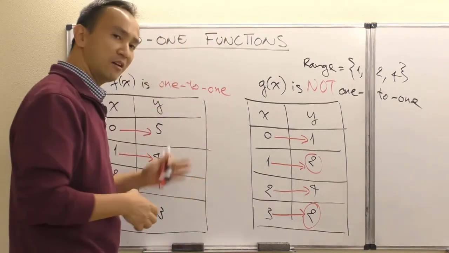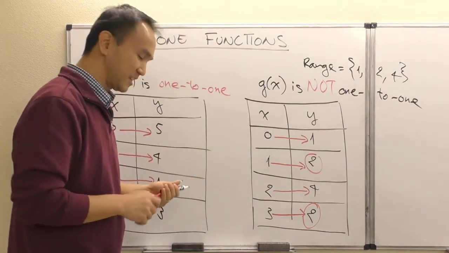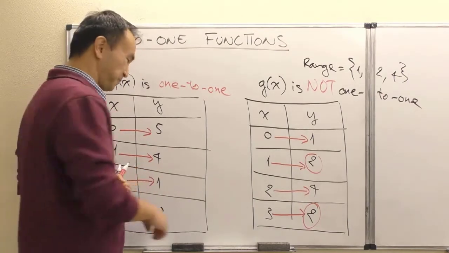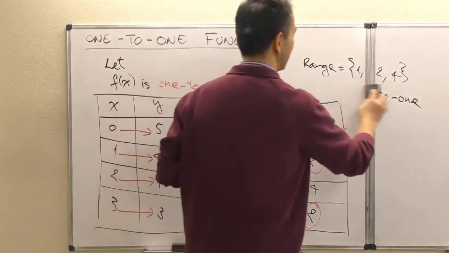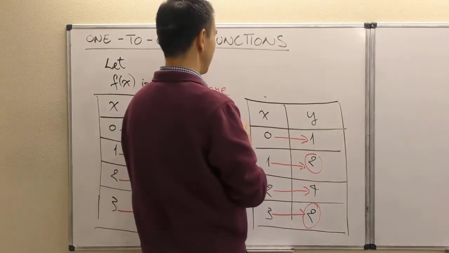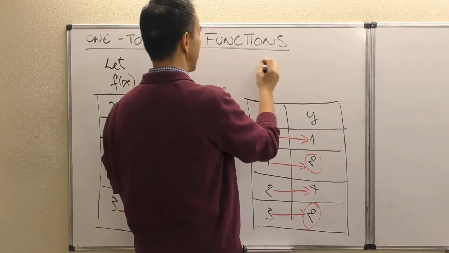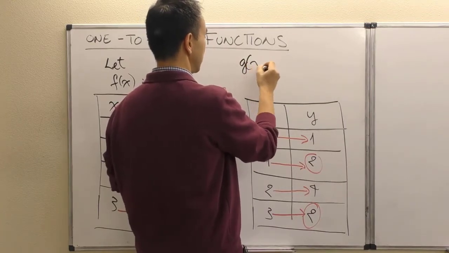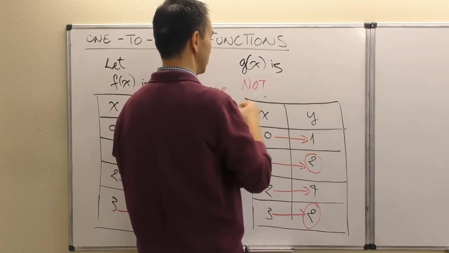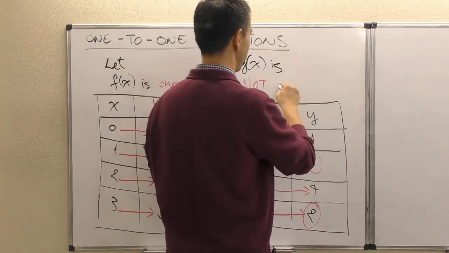All right, so now we're starting to have that idea in mind of what exactly a one-to-one function is. So now let's navigate to my other board and derive a formal definition of what it means to be a one-to-one function. In order to maximize my board space over there, I'm going to just rewrite these. So g of x is here. We know it's not one-to-one.